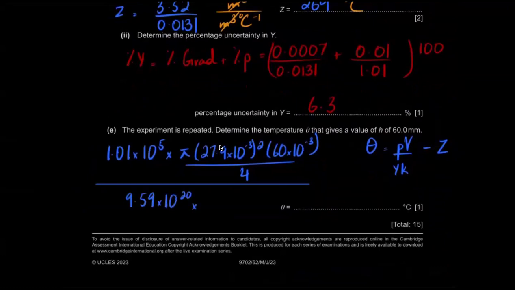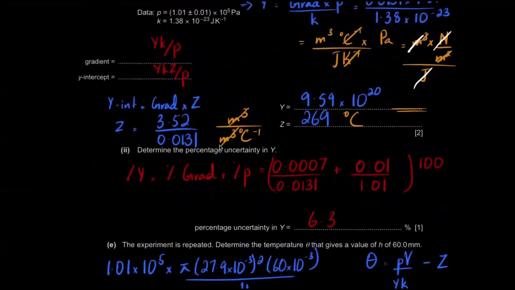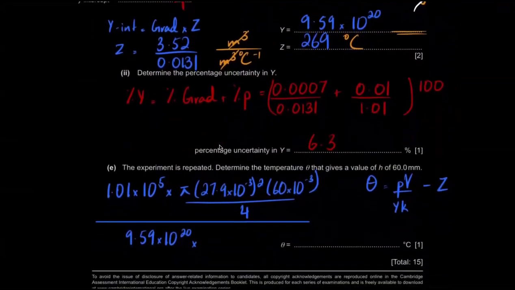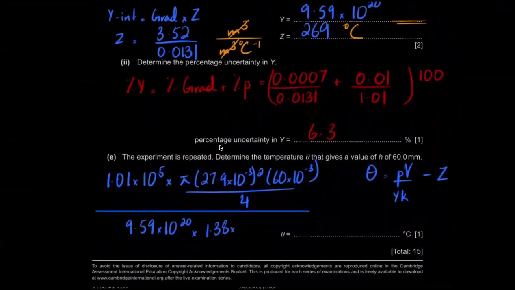K is the Boltzmann constant, 1.38 into 10 to the negative 23. And from this you subtract Z. And from this you subtract this 269. So let's do this all in a calculator now. 1.01 into 10 to the 5, 2 pi.